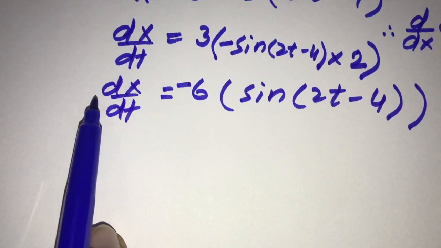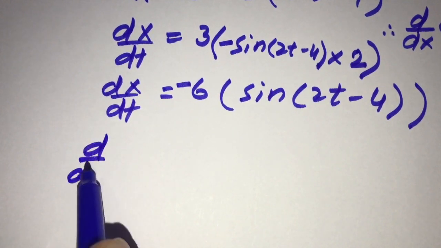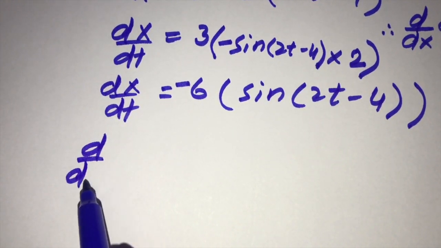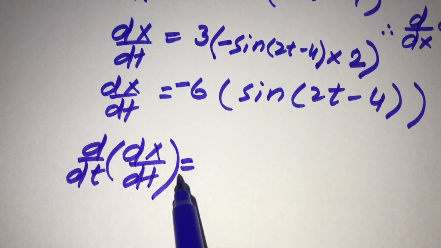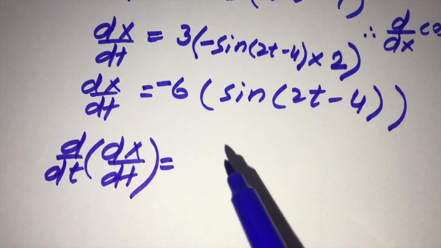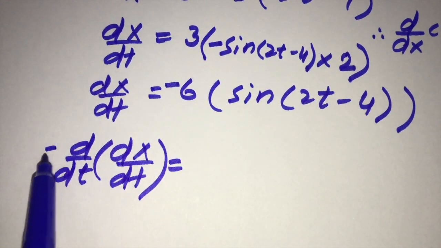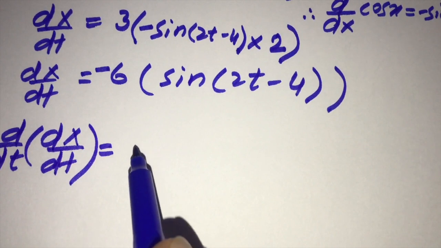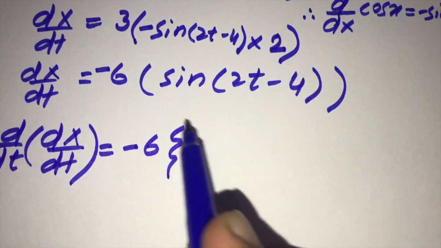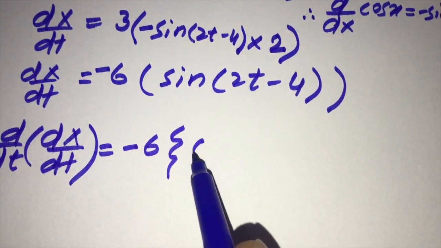Okay, this is equal to velocity. Now take the derivative again, d over dt of dx by dt, which gives us the acceleration. So minus 6 into the derivative of sine, which is equal to cos.